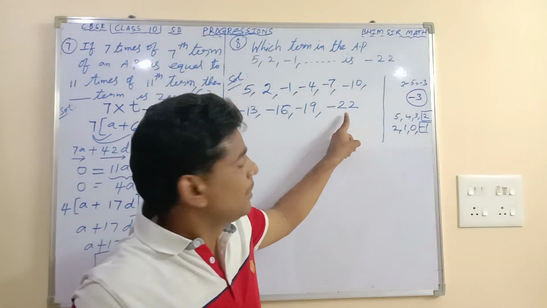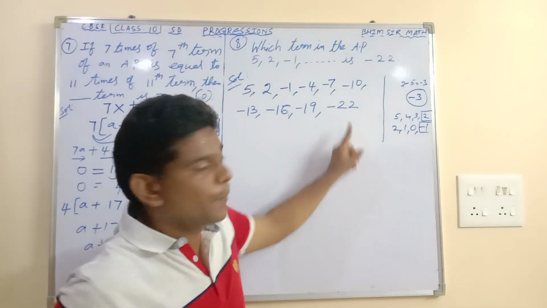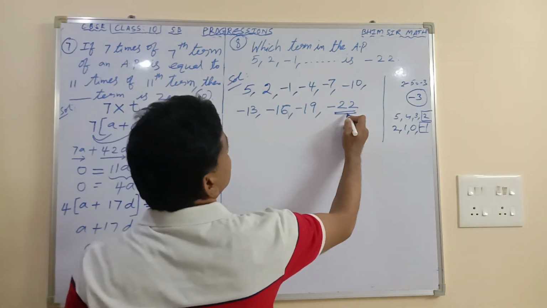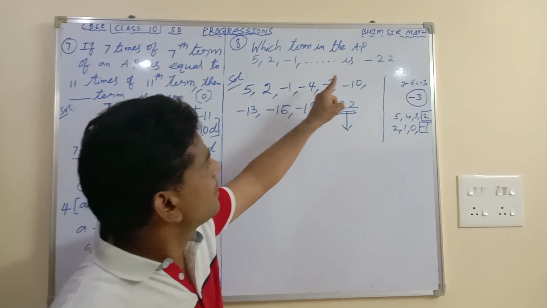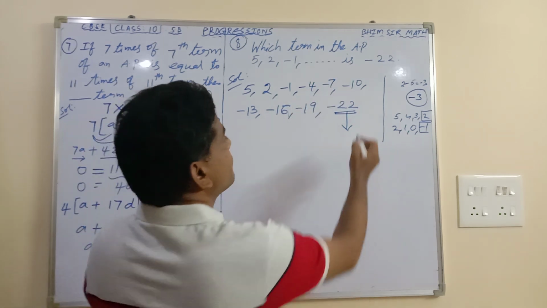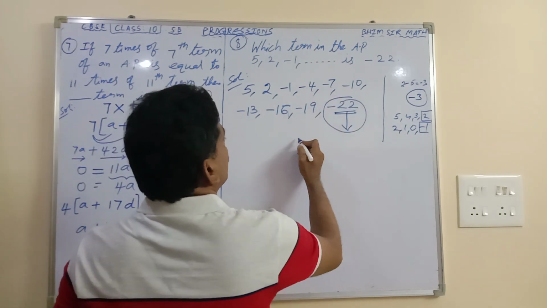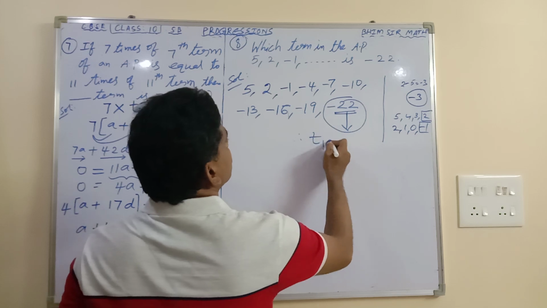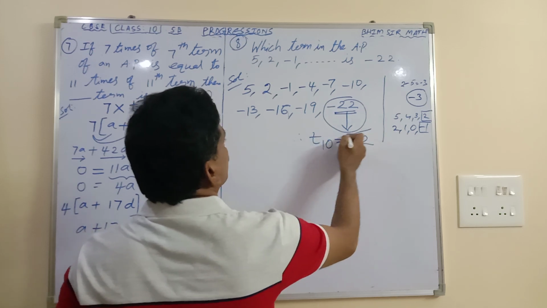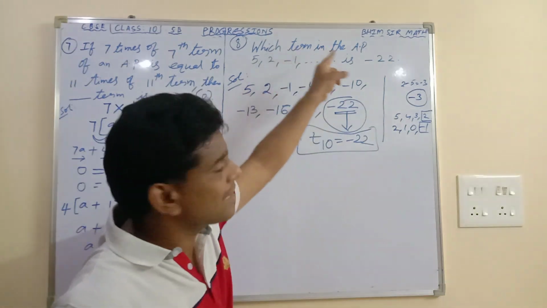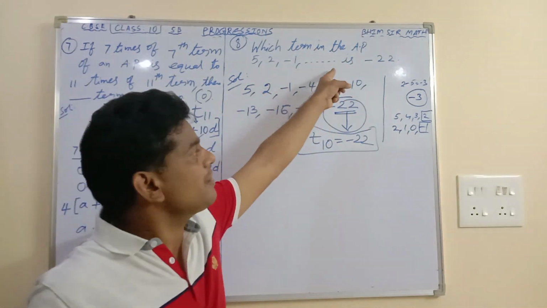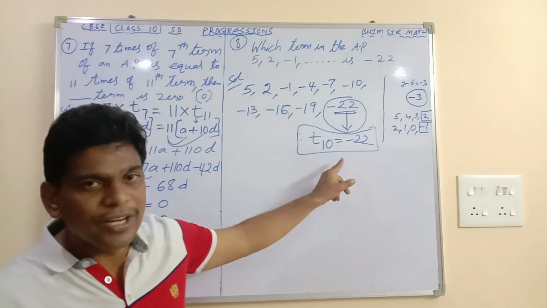Last term, got it: minus 22. So which term is this? 1, 2, 3, 4, 5, 6, 7, 8, 9, 10. Therefore, T10 is minus 22. The answer is the 10th term.